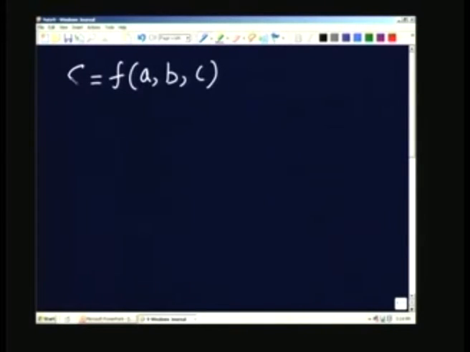So, S is a function of A, B, C. After adding all the terms, I am getting this. Therefore, S has a dependence on A, B and C values. For example, if it is A naught, B naught, C naught, S is equal to some f of A naught, B naught, C naught. So, I can find out what is the slope or the gradient of this quantity.